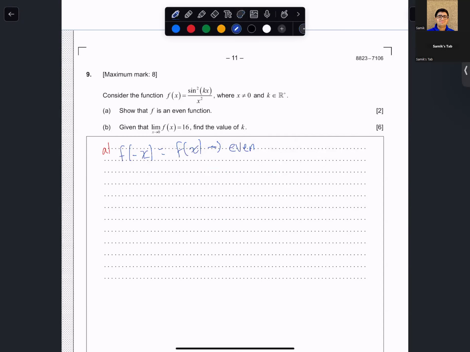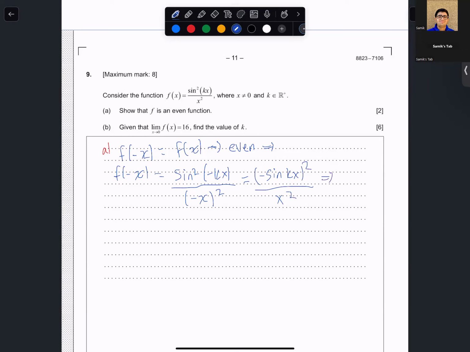We just have to plug in the minus x. So f of minus x will be equal to sine square of minus kx, because of the minus x, divided by minus x whole square, which will be equal to, now you can write minus sine kx whole square, divided all by x square.